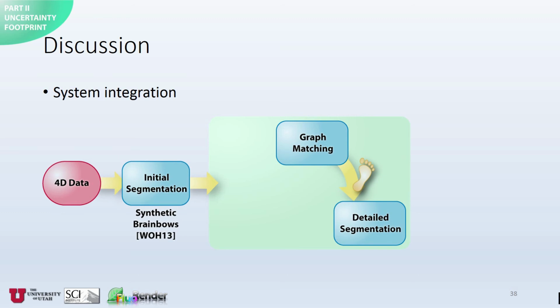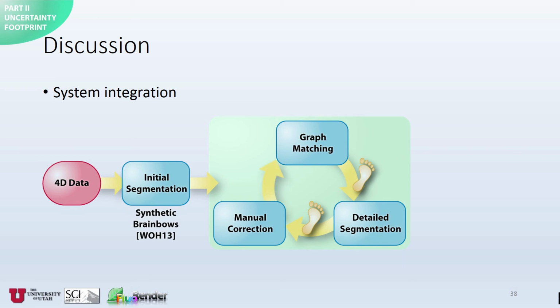The uncertainty footprint is used to detect issues and let the segmentation module know where to apply the resegmentation. Then, we detect issues from the resegmentation and allow users to manually correct those issues. Again, the uncertainty footprint is used to evaluate the resegmented cells.